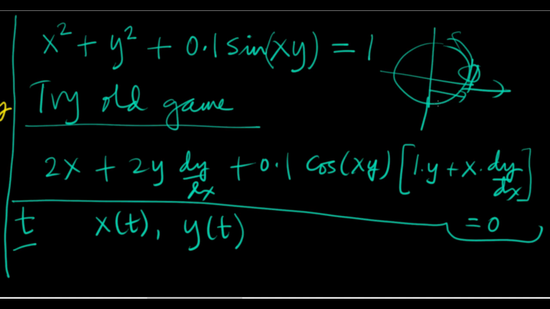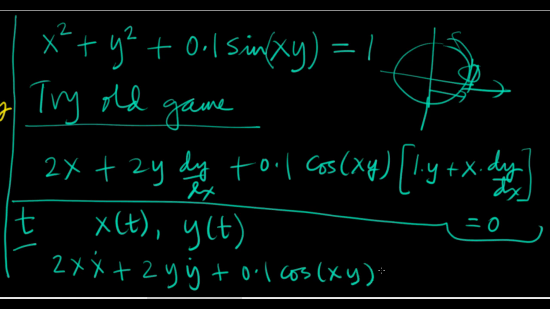When I do this, my derivative looks different, right? It looks like 2x x dot plus 2y y dot plus 0.1 cos xy times (x dot y plus y dot x) is equal to 0.